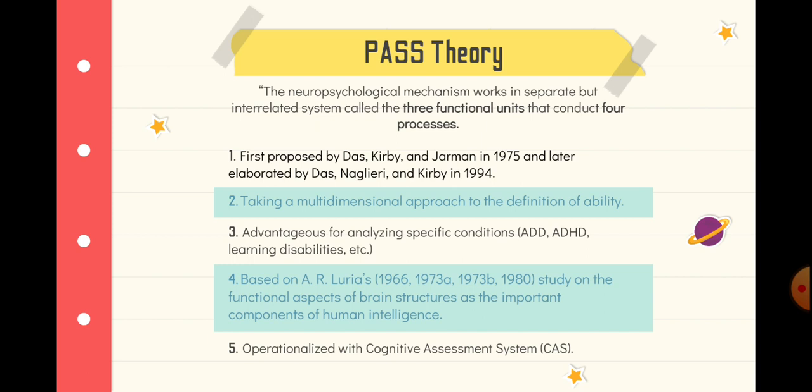Basically, Luria proposed that our neuropsychological mechanism works in separate systems, but those systems are interrelated. He named these systems three functional units, and these three functional units conduct four processes. We will discuss these three functional units and the four processes later on.